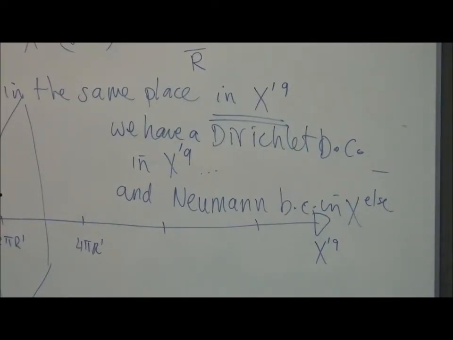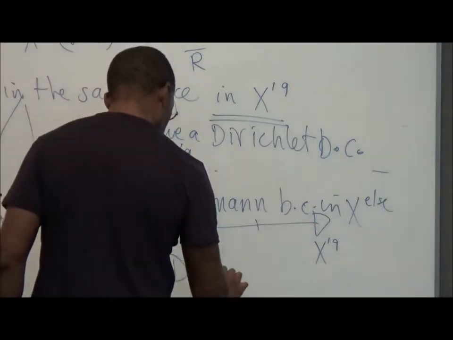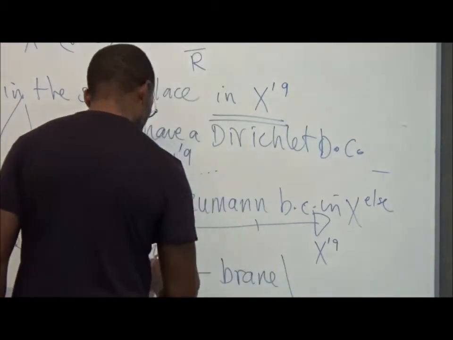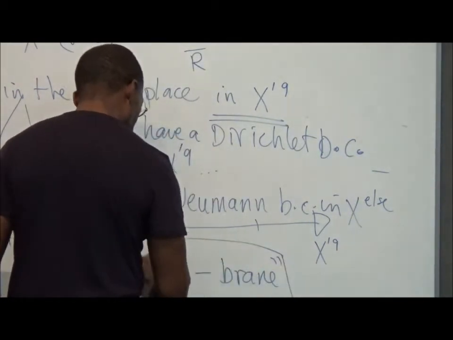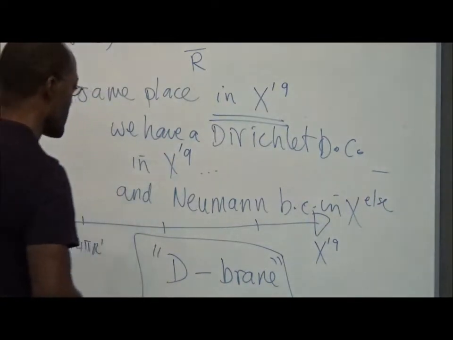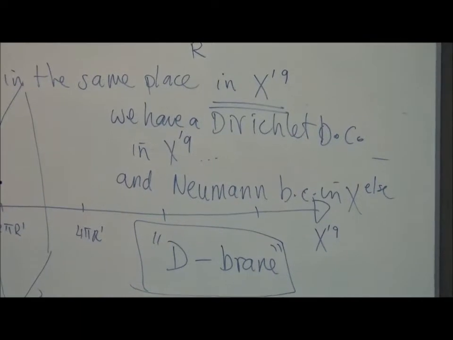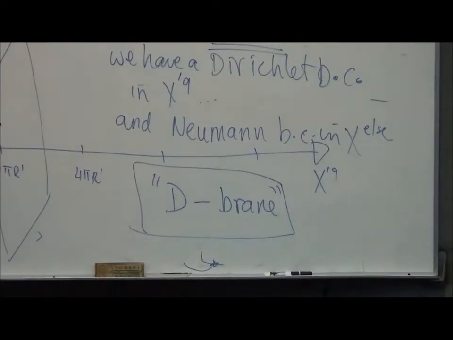What else did I want to say about this? So this motivates the name D-brane. It's some extended object, which in a moment we will see deserves to be thought of as a brane in terms of a dynamical object that can do stuff.